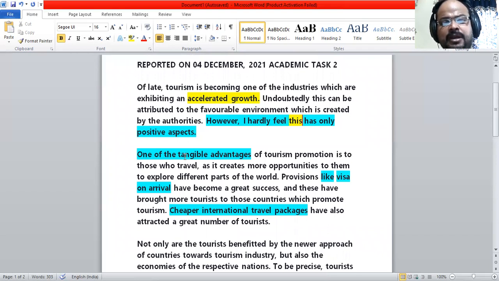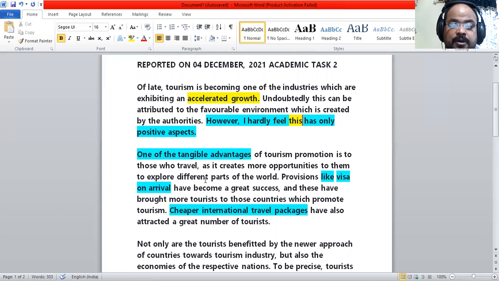One of the tangible advantages of tourism promotion is to those who travel, as it creates more opportunity for them to explore different parts of the world. Who is benefited by these sorts of facilities? The travelers.